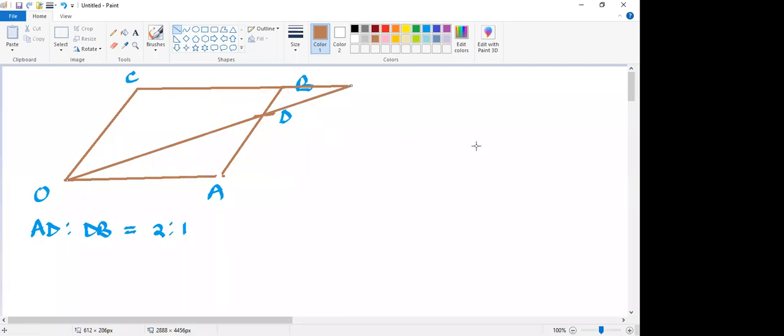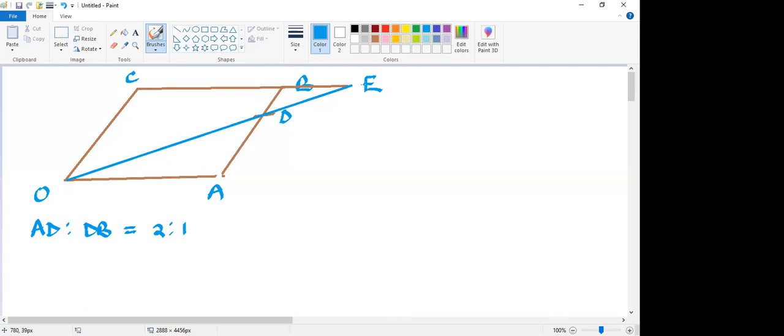Producing it is making it longer, and it meets CB produced also at E. So this is my point E here. Okay, now I am there.